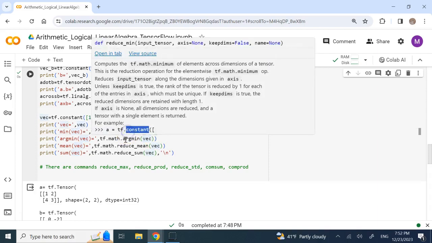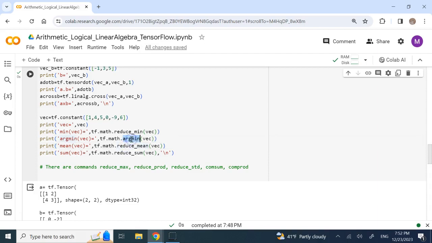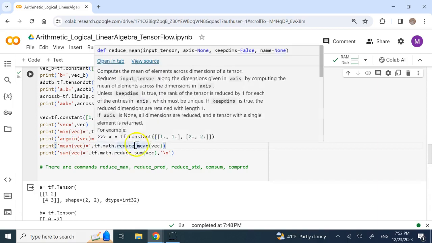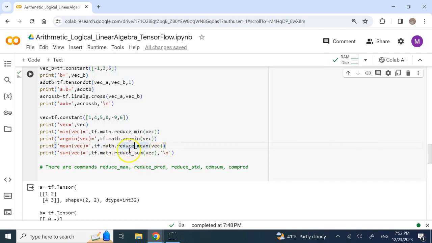So the command reduce_min will give you minimum, the argmin will give you the location, and reduce_mean or average gives you the average, reduce_sum will give you sum of the elements. And you have reduce_max, you have argmax, let me add that. You have reduce_prod, which is product of the elements, reduce standard deviation, cumulative sum, and cumulative product.